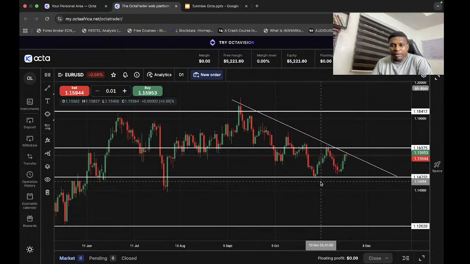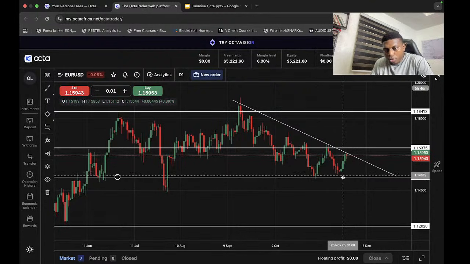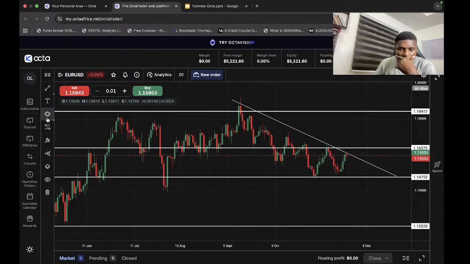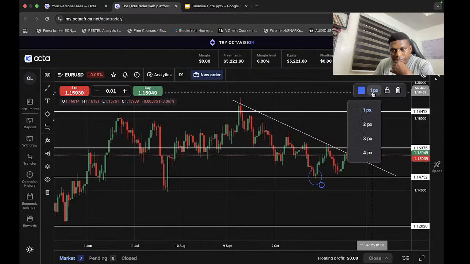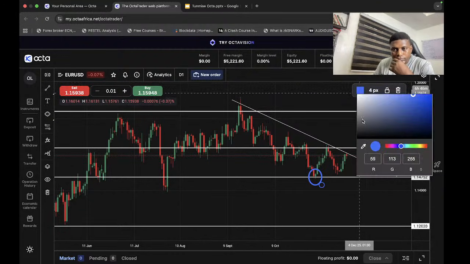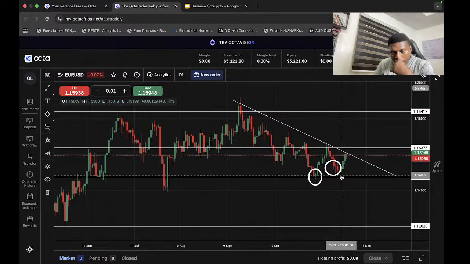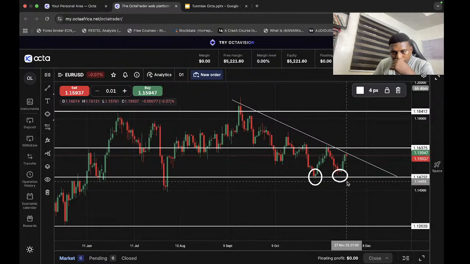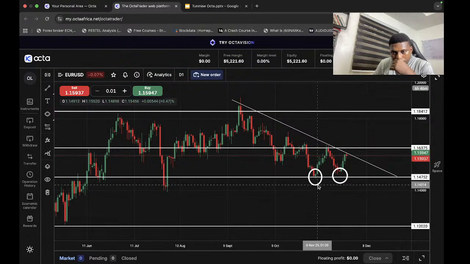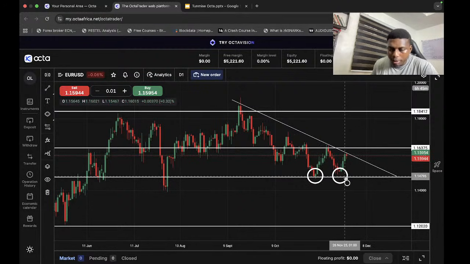So you will discover that this is like a double bottom. Let me do something real quick. Say this is a double bottom. I'm just going to make it white here. Yeah, so this is a double bottom, right?